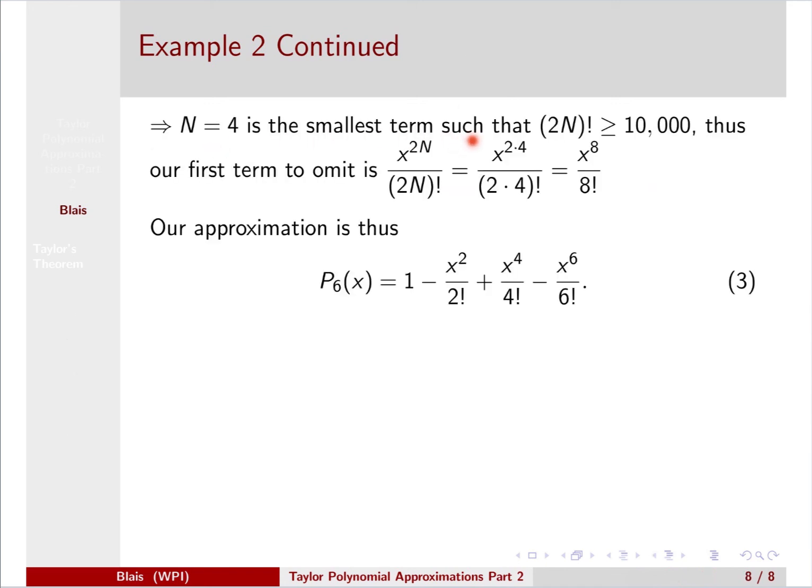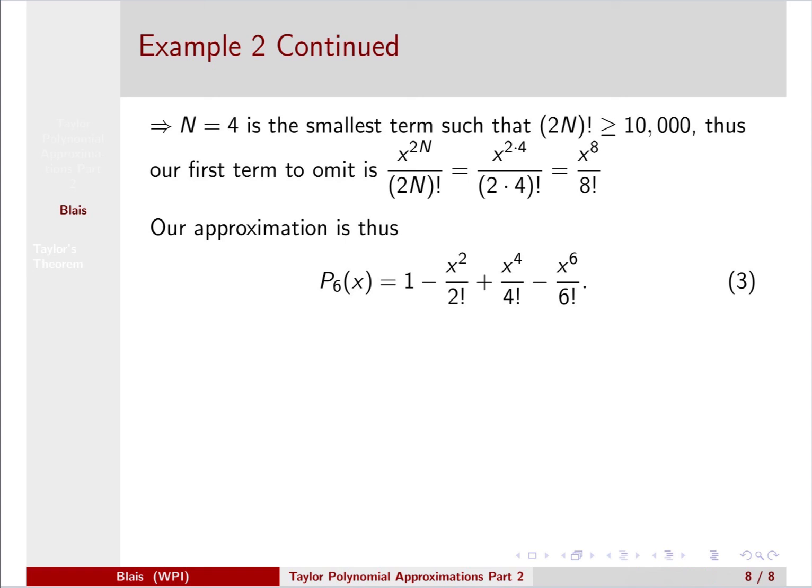The n equals 4 term, remember, this was the form for our first term to omit. Plug in 4. And we get x to the 8th over 8 factorial. So we stop at the x to the 6th over 6 factorial term, and that gives us an approximation to cosine of x on the interval minus 1, 1 that will have an error less than 0.0001.